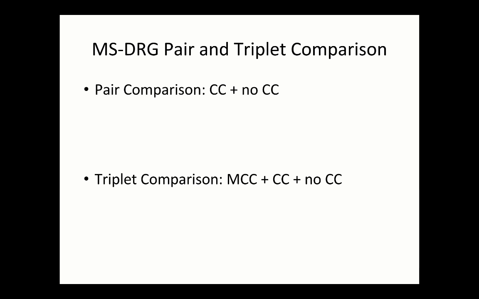For this comparison, you start off the same as above, by counting the number of patients with a specific MS-DRG and with complications and comorbidities, and divide that number by the sum of the number of patients with that same MS-DRG and major complications and comorbidities, plus the number of patients with that same MS-DRG and complication and comorbidities, plus the number of patients with that same MS-DRG with no complication and comorbidities. Then multiply that number by 100 to get a percentage.